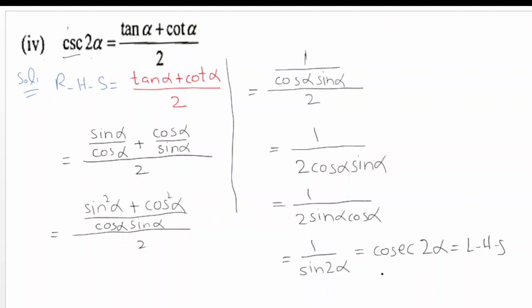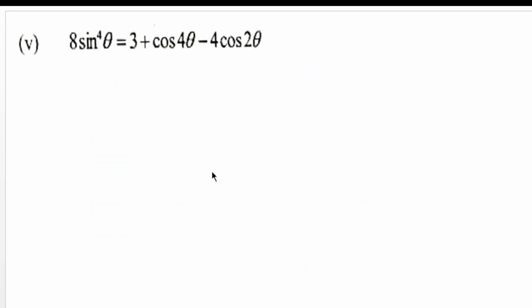So let's move toward the next question, and the next question is the fifth part of this exercise, the eighth question. So the fifth part is, let's take the left hand side here, that is 8 sine power 4. So let's do this.